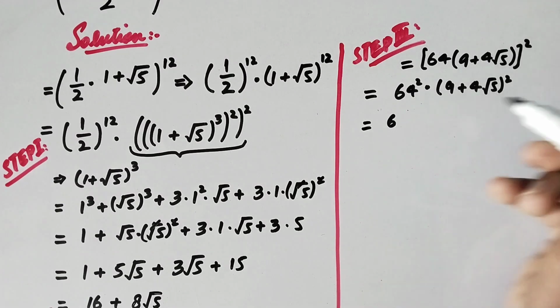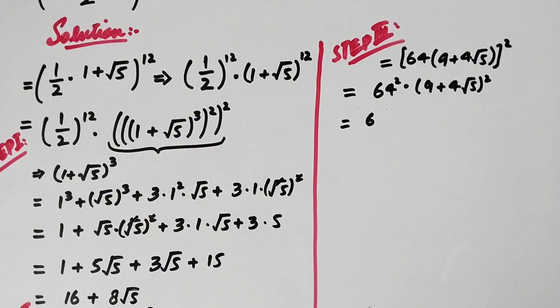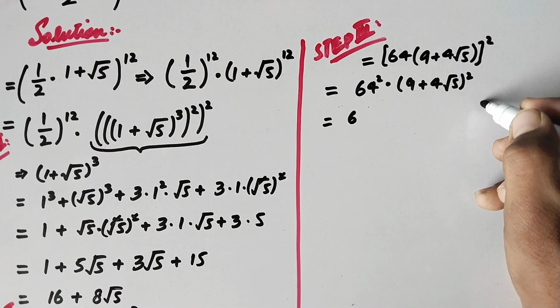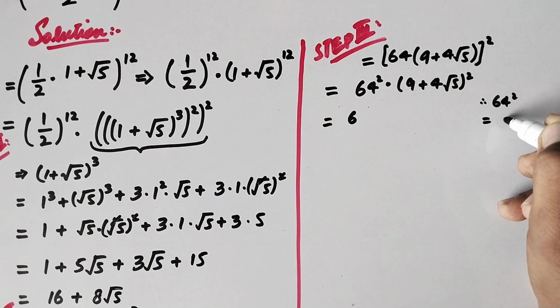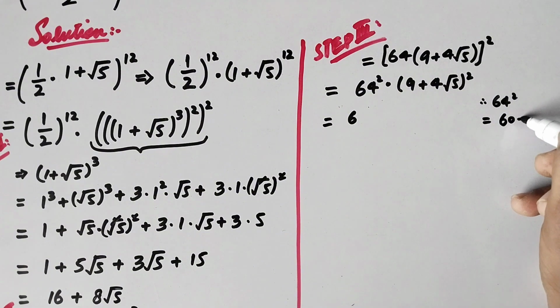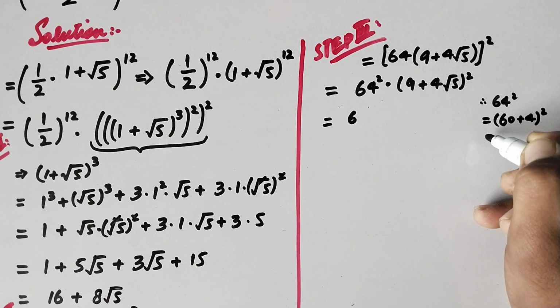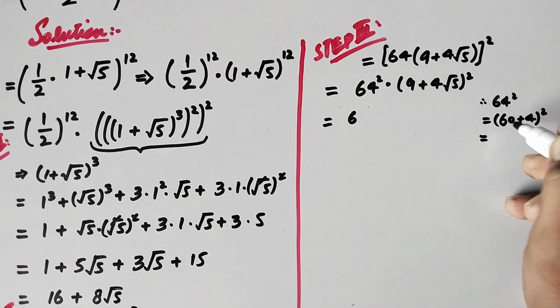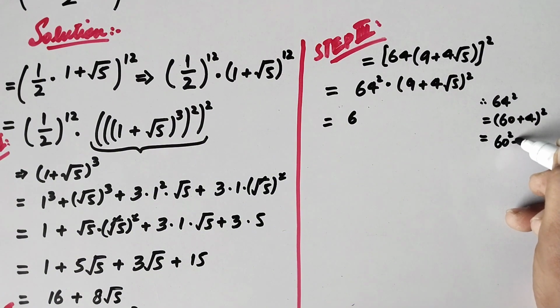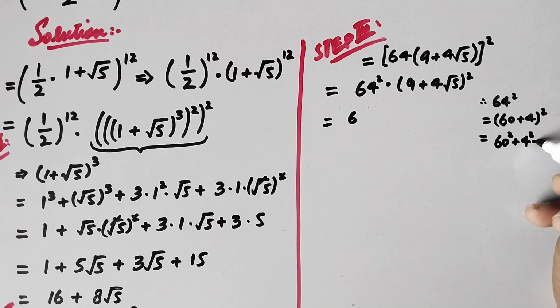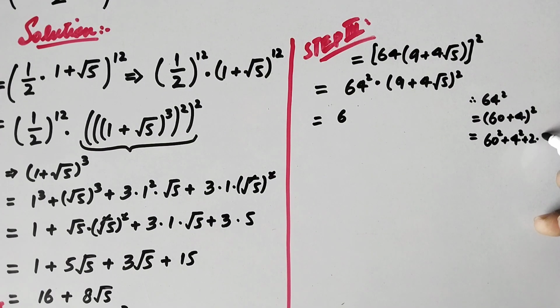Here we will solve this 64 squared. It can be separated in this way: (60 plus 4) whole squared, and by applying the algebraic formula, it will be equal to 60 squared plus 4 squared plus 2 times 60 times 4.